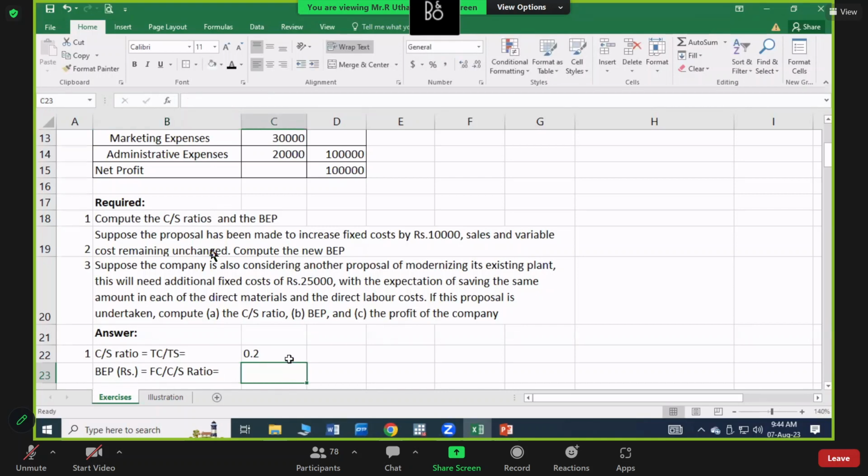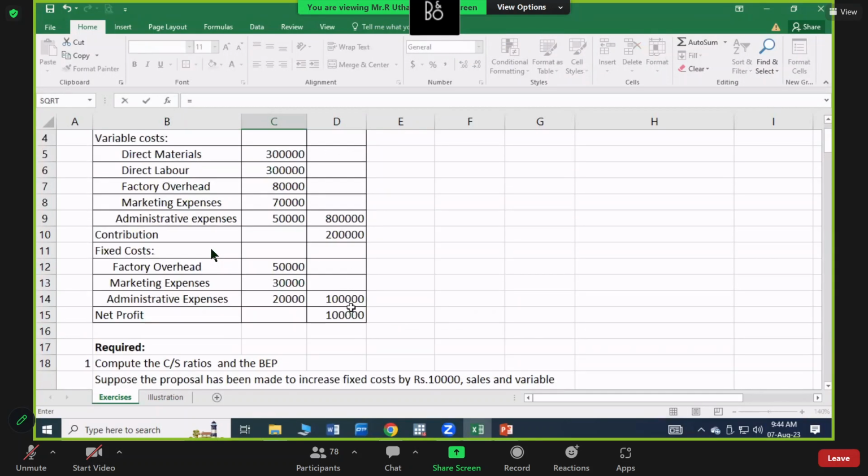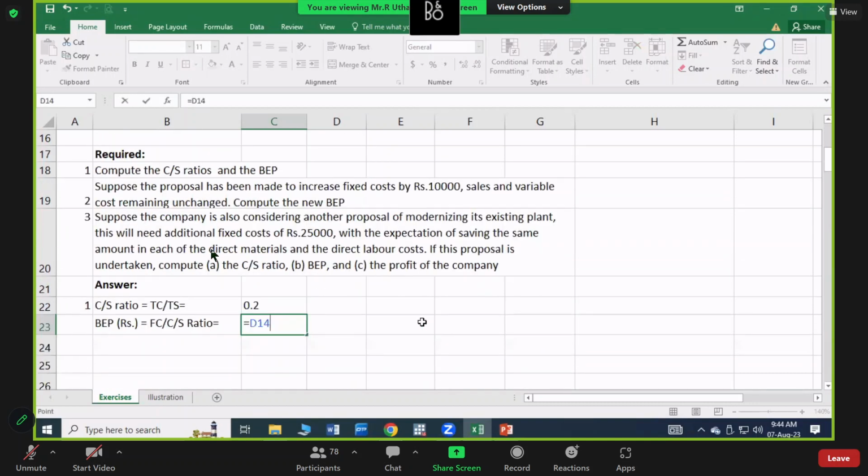This is equal to the fixed cost of 1 lakh divided by the CS ratio, so the break-even point is 5 lakhs. So you must have the answer like this.